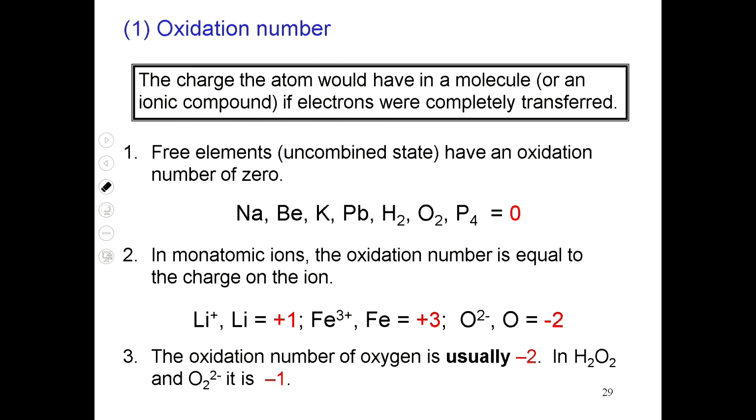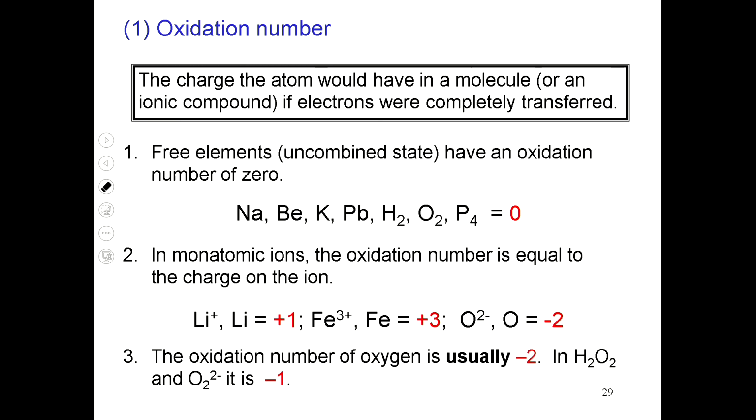Okay, oxidation number. Each atom has an oxidation number. If it's neutral, its oxidation number is 0. It may have a positive charge, or maybe a negative charge. For example, free elements, of course, have an oxidation number of 0.